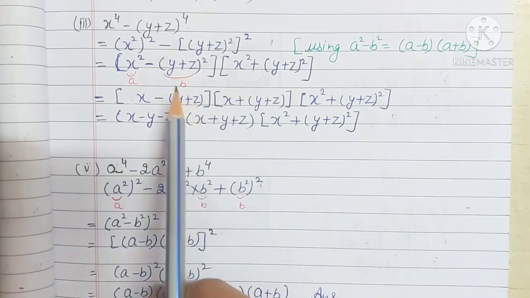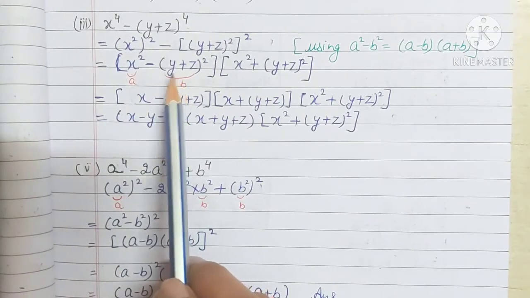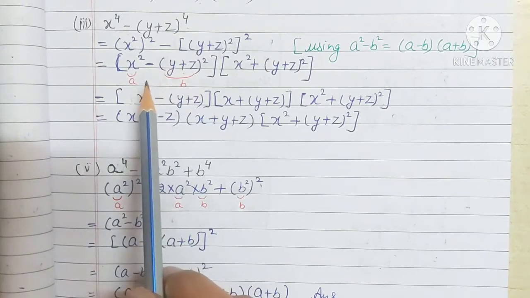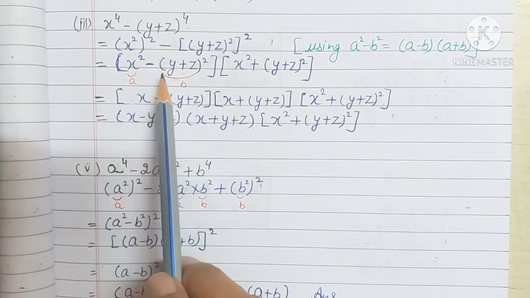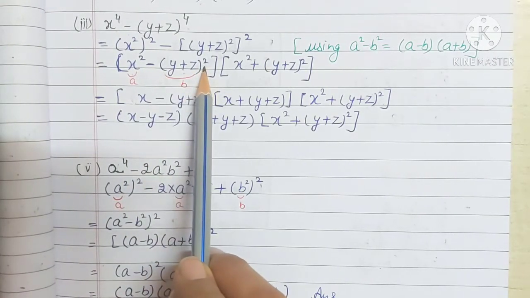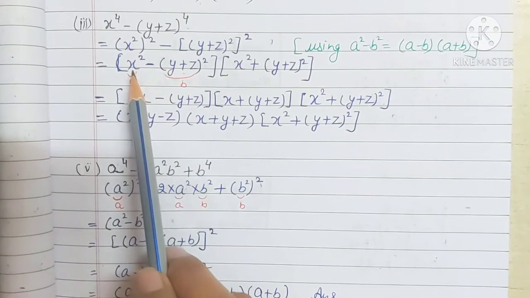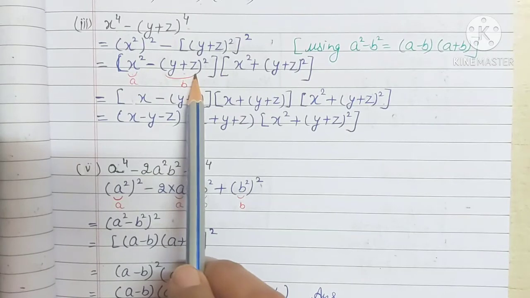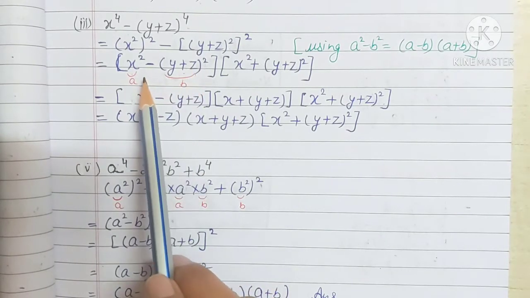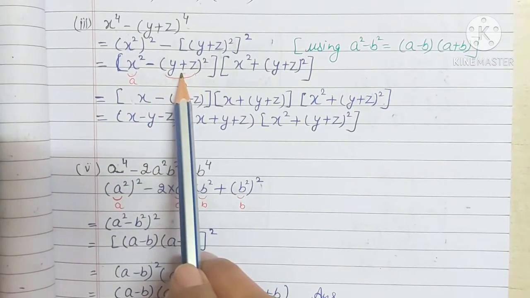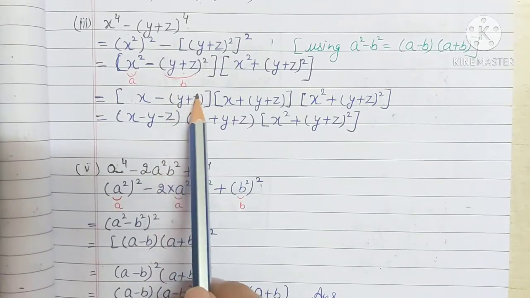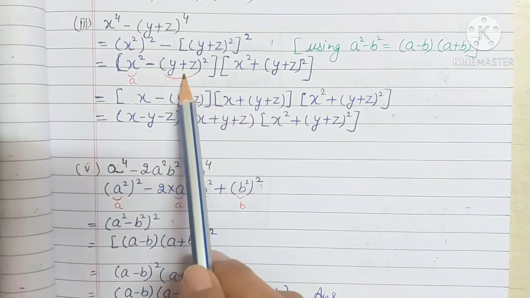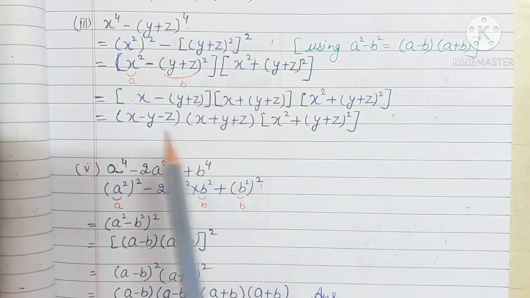Again students, we can apply the identity here a square minus b square. So it is x square minus (y plus z) whole square. So here x will be considered as the first term and y plus z will be considered as the second term. So it will be (x minus (y plus z)), I will write in bracket, (x plus y plus z).